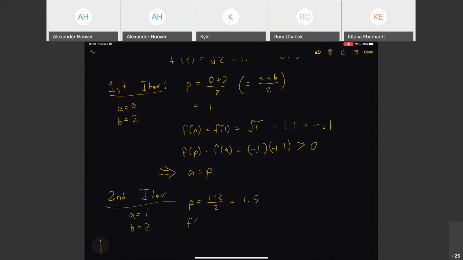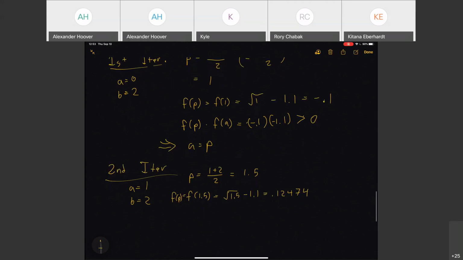So we got F of 1.5, right? Which is equal to 0.12474. Okay.